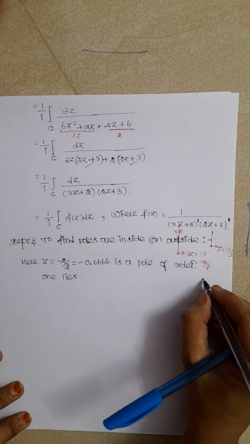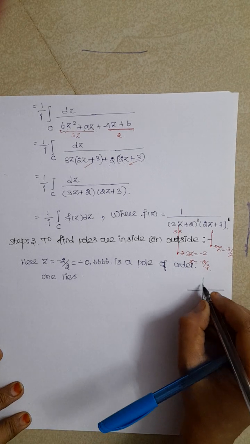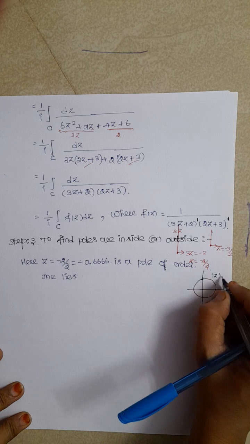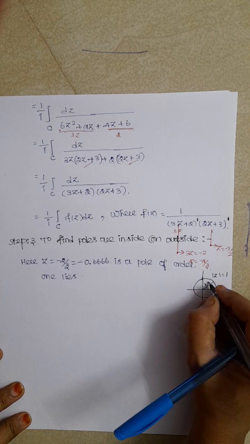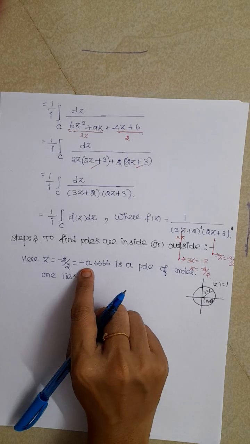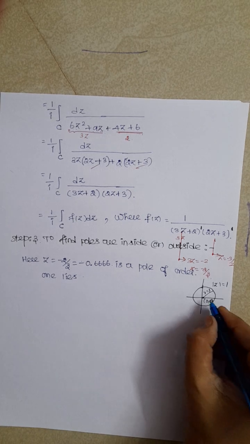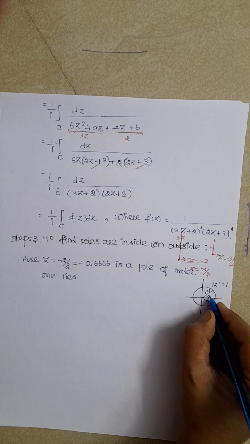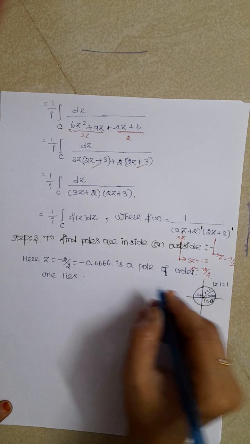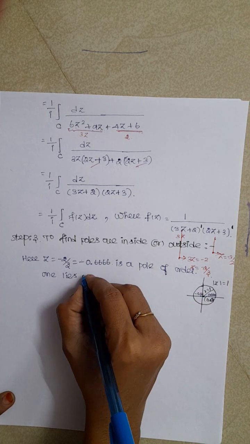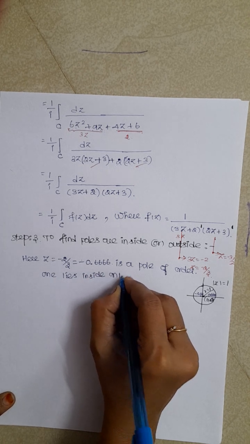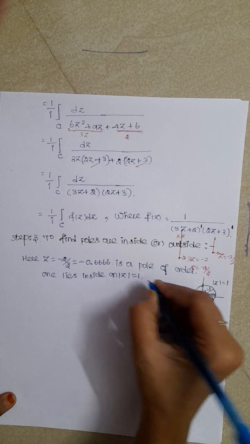The given circle has center 0, 0 and radius 1, modulus of z equal to 1. The center is 0, 0. So here the value is 0.666, minus 0.66 lies inside modulus of z equal to 1.